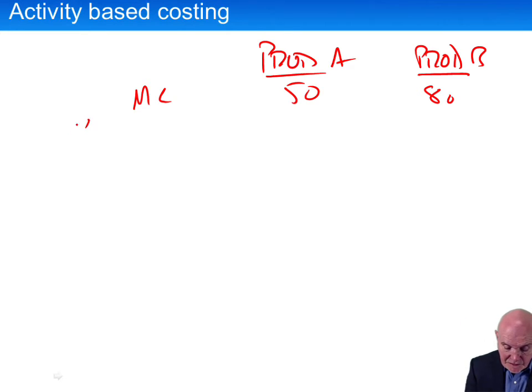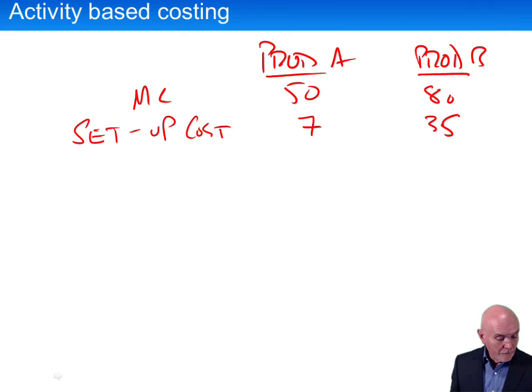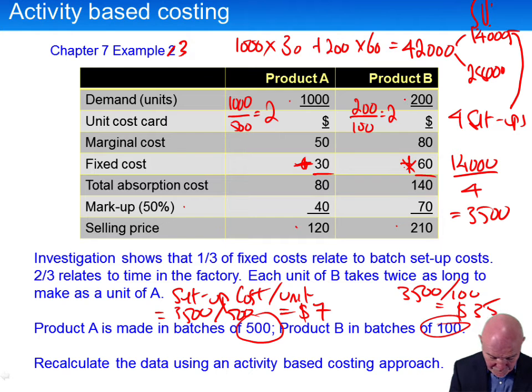So we have some setup costs. And from the previous slide, we saw that the cost per unit of A was 7 and the cost per unit of B was 35. And we know that the total number of units we're producing was 1,200.